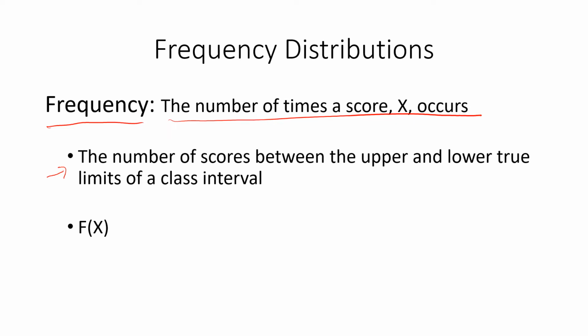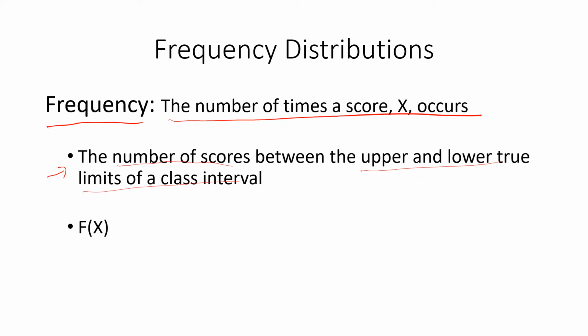Well, what is actually going on if you've got a continuous variable like that is you're counting the number of scores that are between the upper and lower true limits of the interval you're looking at. Let's say you're looking at weights of different plants. You've got plants in pots and you're weighing each of them, and one comes out to 6 pounds, another one comes out to 6 pounds as well.